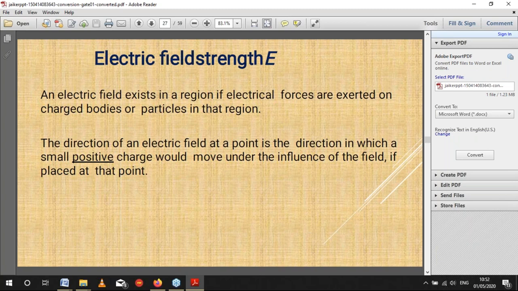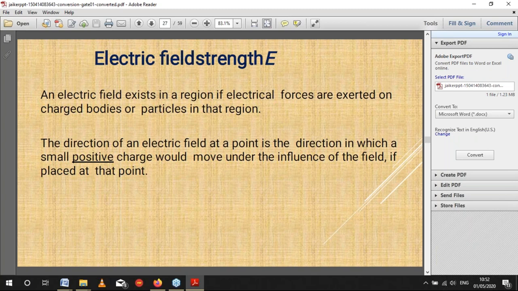Then the electric field strength in a uniform field. If we consider two parallel conducting plates A and B, a certain distance d apart, from what you can see on my screen, there is a potential difference V between the plates.